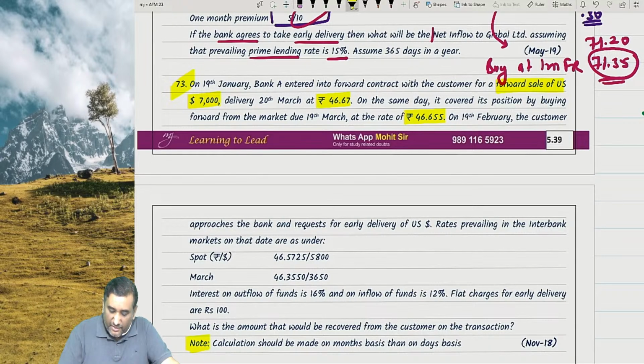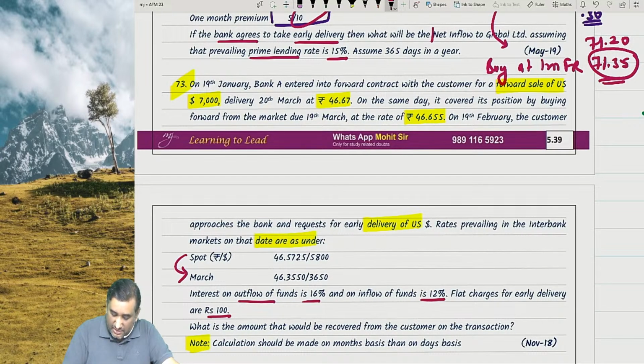It means the customer will buy from you at 46.67 and you will buy at what? 46.55. And on 19th Feb, 1 month before, the customer approaches the bank requesting early delivery. Rates prevailing in the interbank markets are these. Assume a 1 month date only. Interest on outflow is 16, interest on inflow is 12, flat charges are 100. Amount to be recovered from the customer.